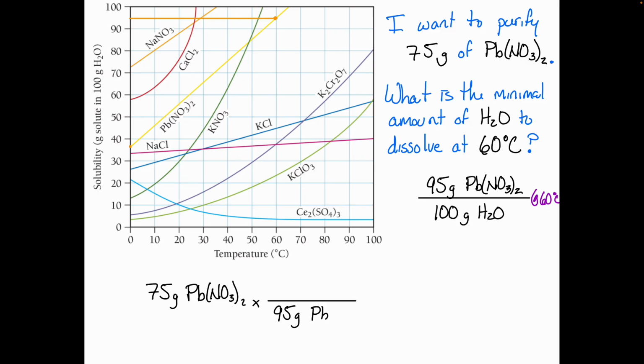Not potassium, sorry, lead nitrate. 100 grams of water. Punch that into my calculator, 78.947 grams of H2O.